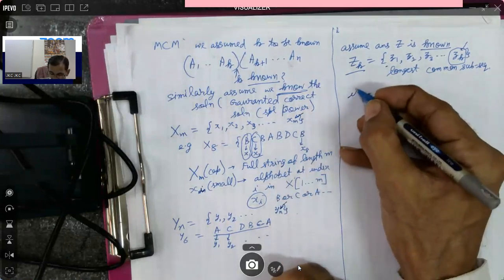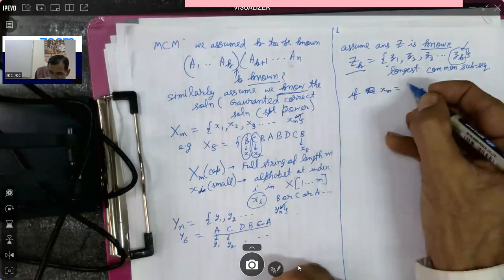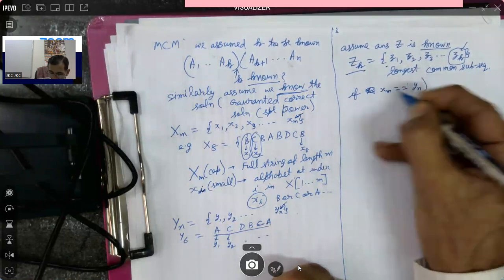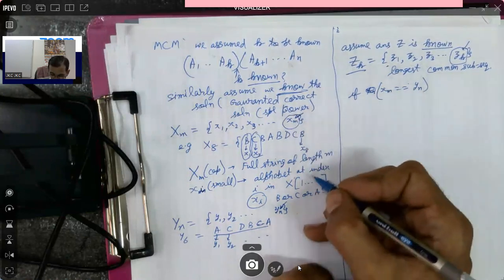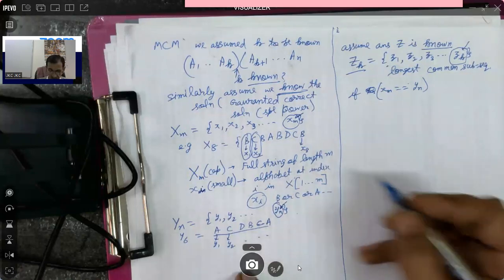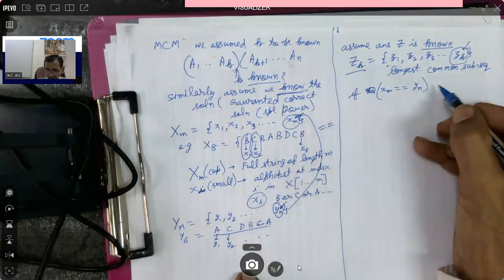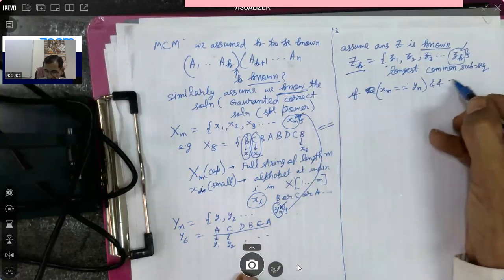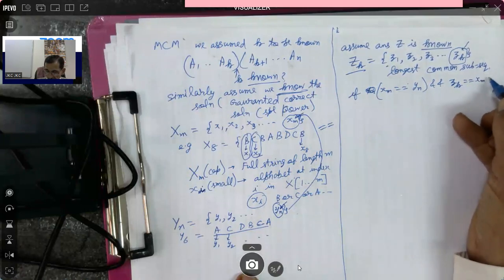So if xm equals yn, it means the last character of X matches the last character of Y. That will mean obviously my zk will be equal to one of these or both of these.